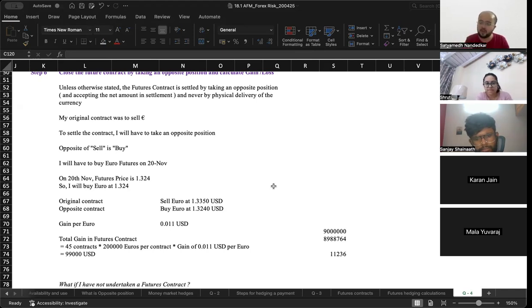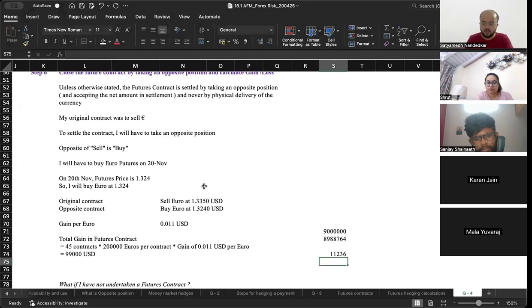I took 45 contracts. So I will have to buy 45 contracts into 2 lakh euros from the bank, that is the amount I will end up buying. But what use do I have of this 11,236 extra euro? What will I do with these extra euro? This is euro, right?